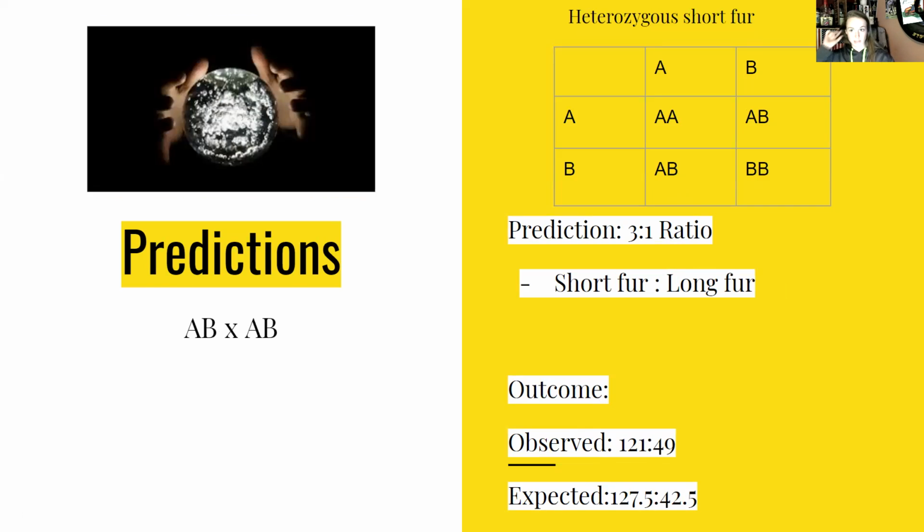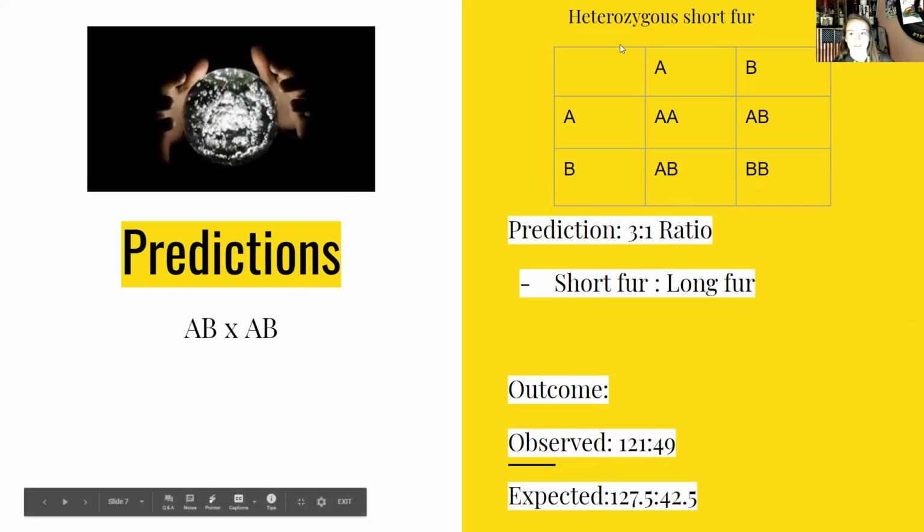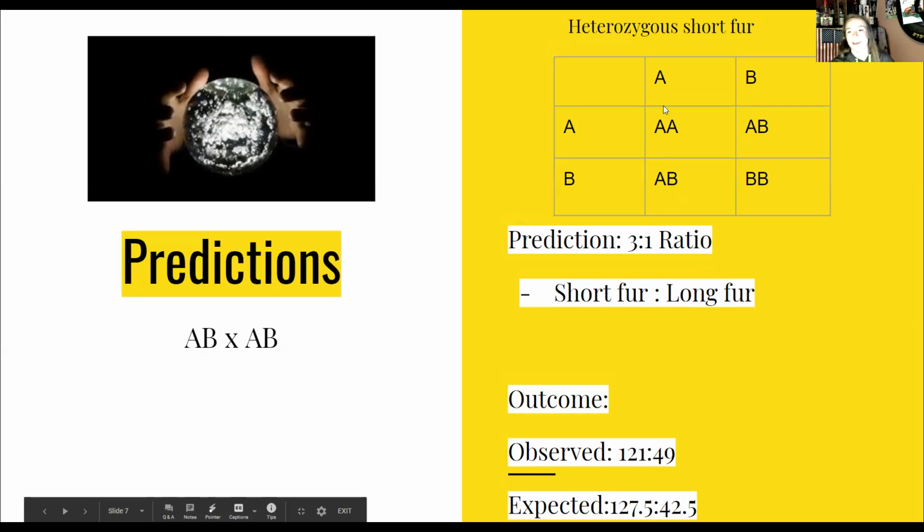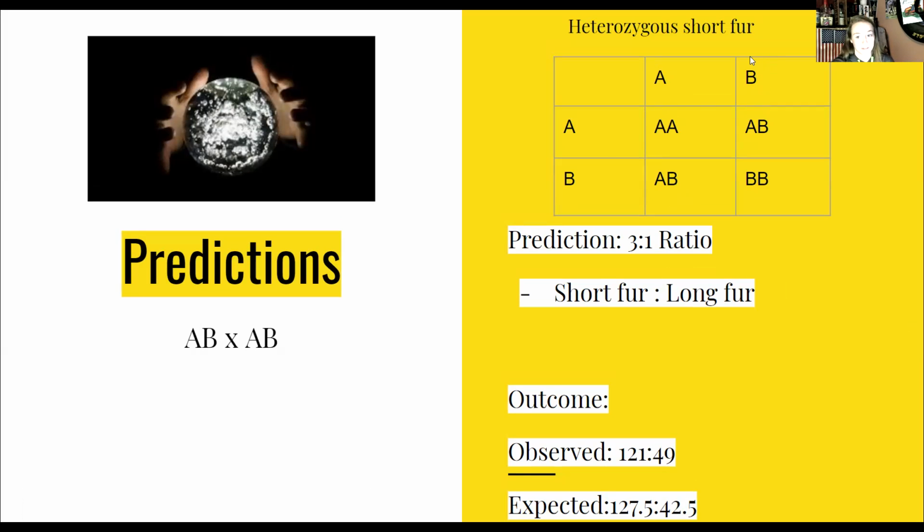And here's another one of our predictions where we're doing a heterozygous short fur mouse with an A and a B allele. Here our prediction would also be a 3-to-1 ratio, 3 being short fur and 1 being long fur. If you look right here, you'll see that when our A and B alleles come together, the short allele, the A allele, dominates over the B allele, which is the long fur allele.